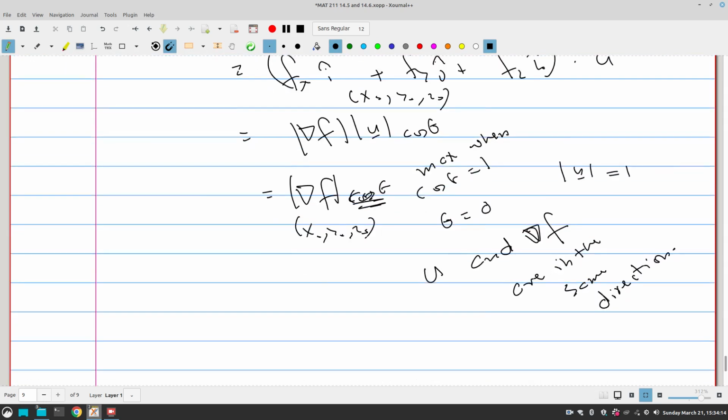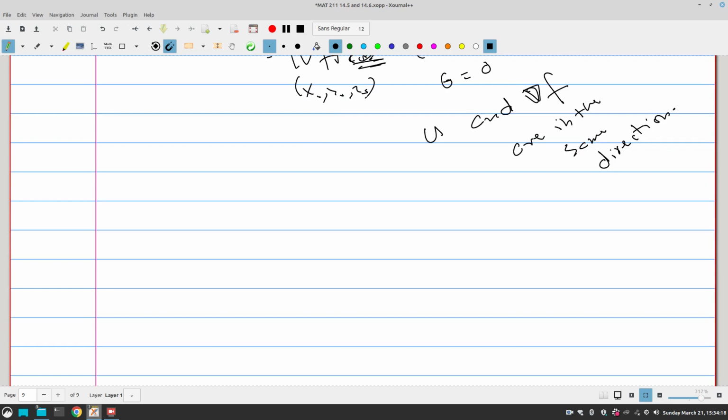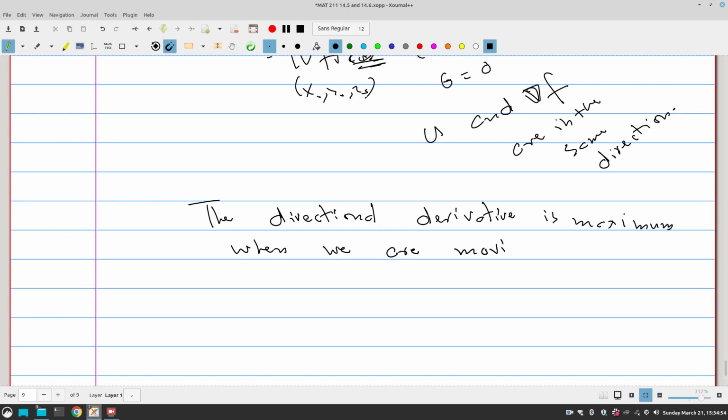Okay, so the theorem. What we know now is that if u and del f are in the same direction, then the directional derivative is maximum, which means that the directional derivative in the direction of the gradient is maximum when we are moving in the direction of the gradient.